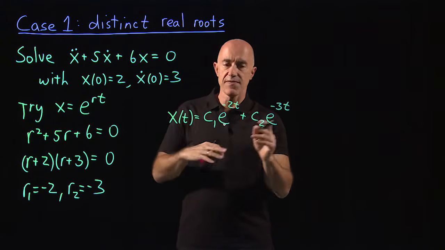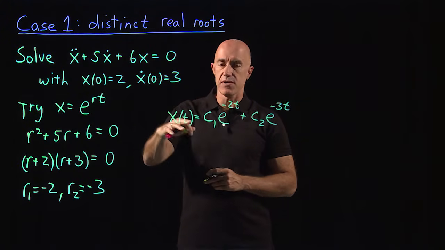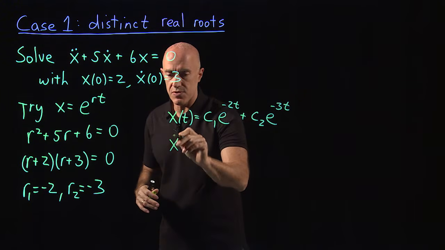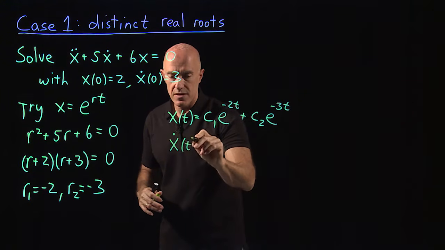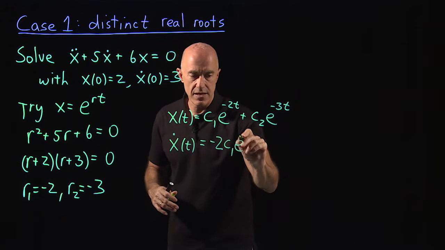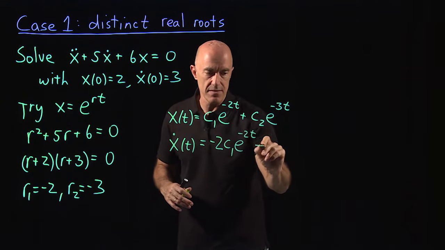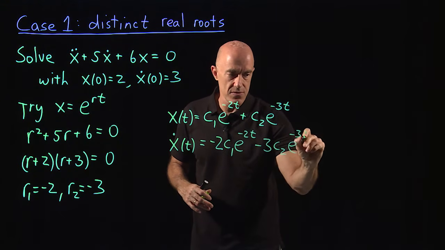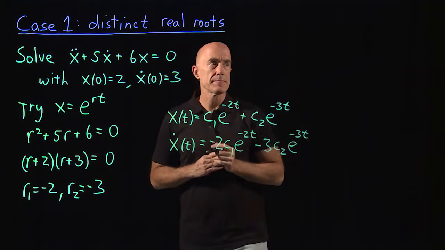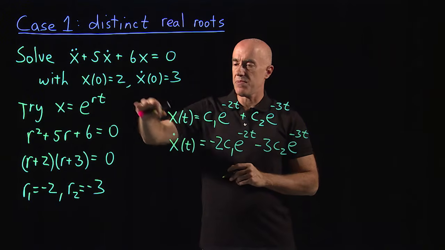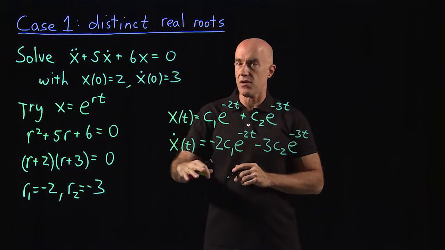So we have to satisfy the condition x of 0 equals 2, but also the derivative. So we can compute the derivative here. So x dot of t is minus 2c1 e to the minus 2t minus 3c2 e to the minus 3t. Okay? Satisfy the initial conditions. So we plug in t equals 0 here.